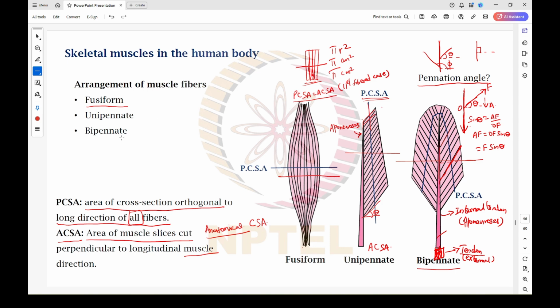In a unipennate muscle, the pennation angle is the angle between the aponeurosis and the muscle fibers. So there will be one pennation angle, whereas in bipennate muscles, there will be two. There is one here and one here. Similarly, in multipennate muscles, there will be multiple, depending on how many directions the muscle fibers are aligned.